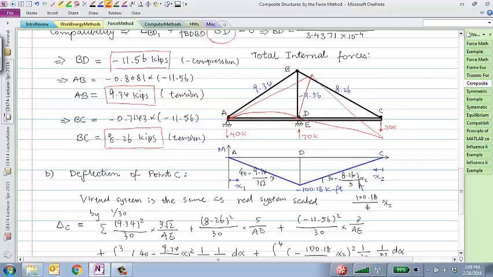So for most indeterminate or composite structures, the deflected shapes are fairly complicated. But you really have to think through it and try to come up with that.